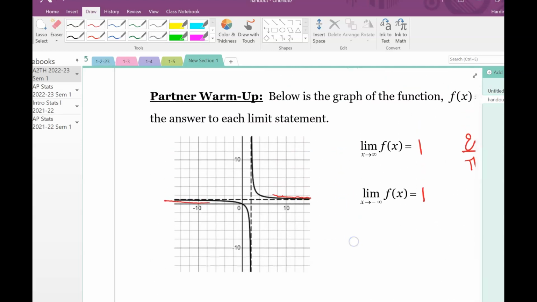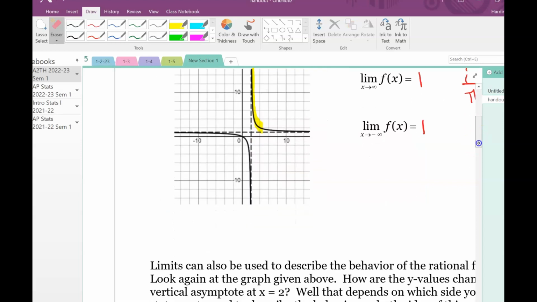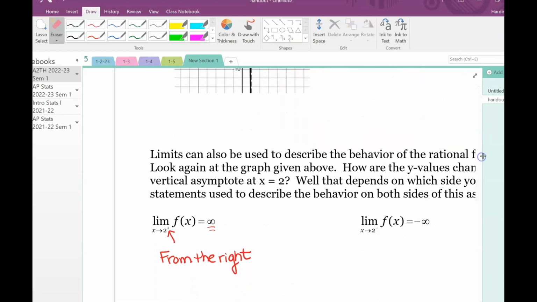If I'm tracing this, getting closer from the right side, the y values are just getting bigger and bigger and bigger, infinitely bigger. So the limit as x approaches 2 from the right is infinity.